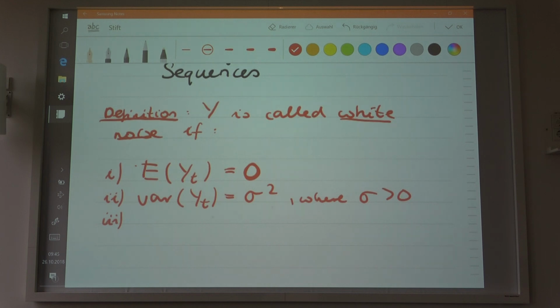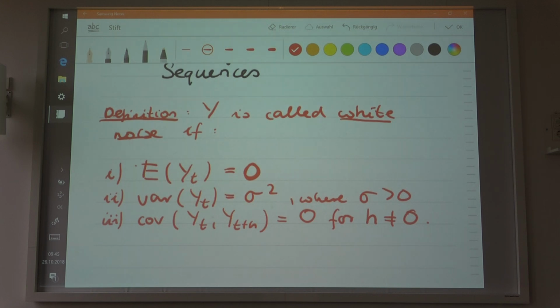And the autocovariance of the process is 0 for all time lags that are not 0. If the time lag h is 0, then of course the autocovariance is equal to the variance of the process, which is a constant. But in all other cases it's going to be 0.